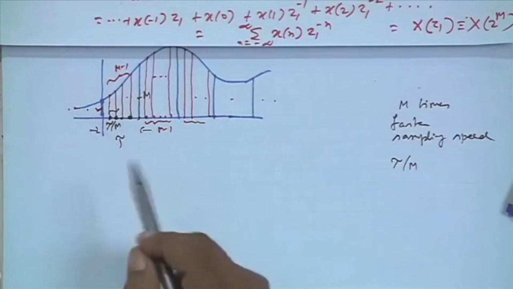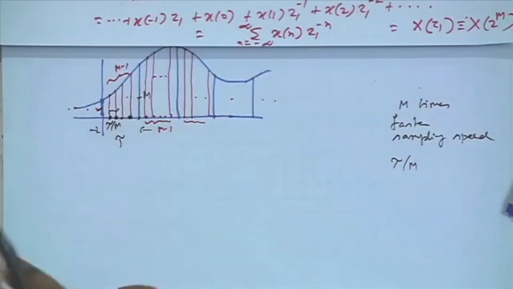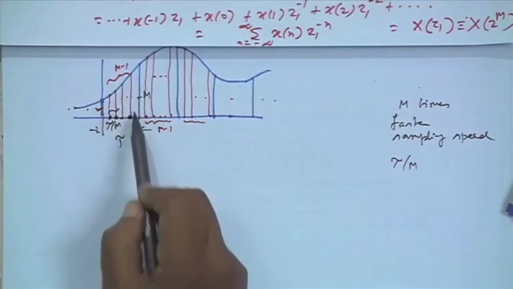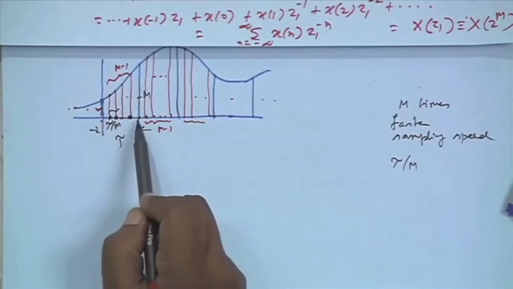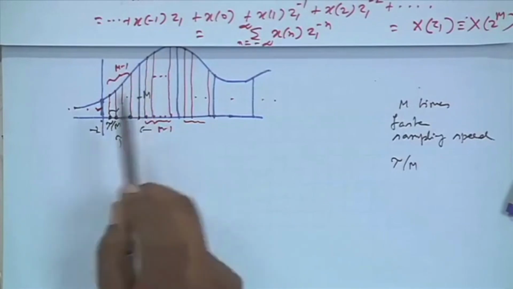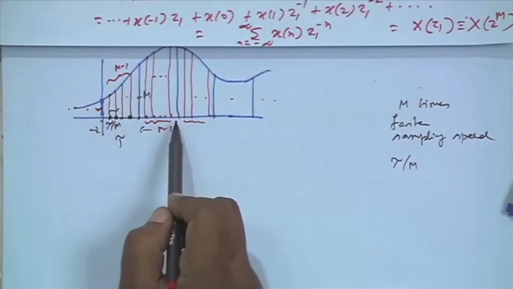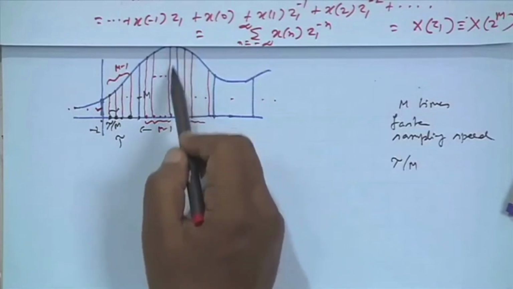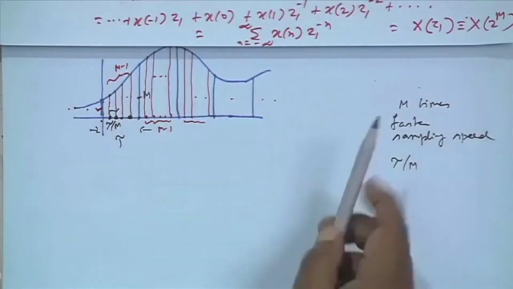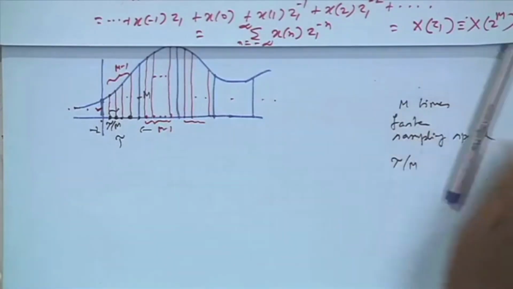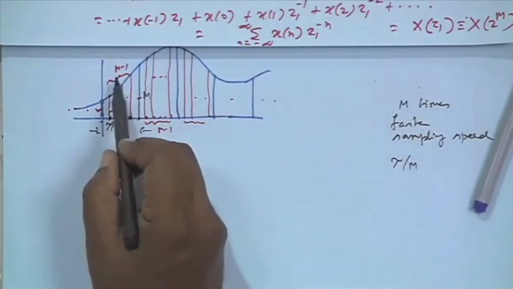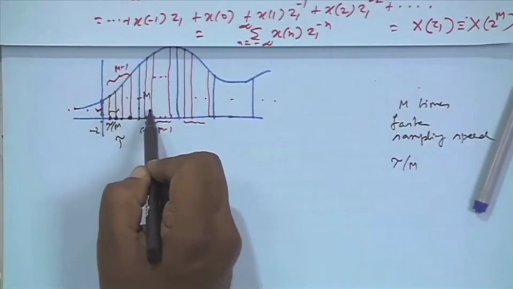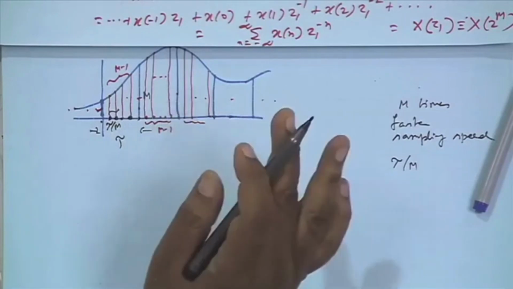But since I did not do that, I sampled only at the lower sampling rate, I got only the blue colored samples: at tau a sample which I call the first sample, then at 2 tau the second sample, and so on. But if I had sampled at the higher rate, I would have had m minus 1 intermediate samples. So, this would have been mth, another m minus 1, so this would have been 2 mth, like that.